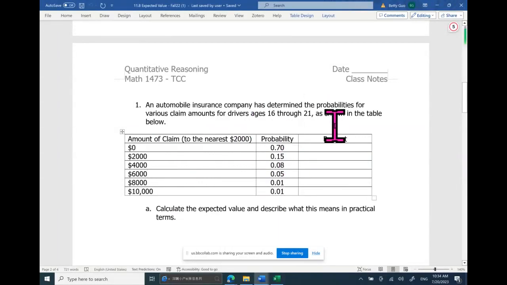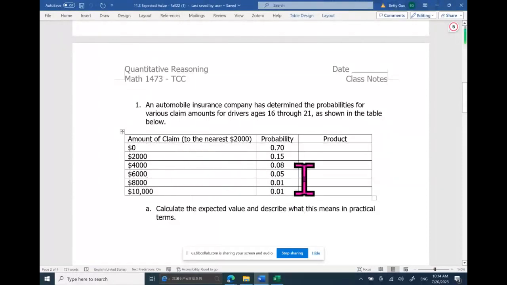So the company did the research, and they got a result that for a certain customer, the probability to claim $0 in the next certain period of time is 70%. It must be the majority, right? Otherwise the company goes bankrupt. And the probability that a customer claims $2,000 is 15%.